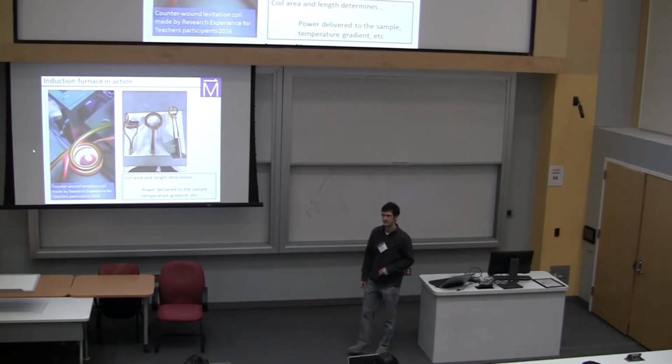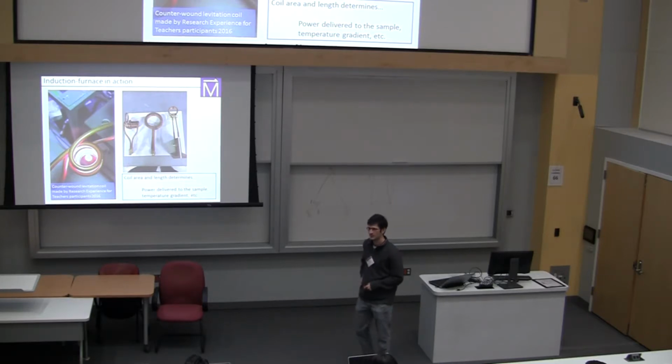Okay, so that I think illustrates the ease with which you can do this. And I want to make a few points. First of all, this coil that we used here is incredibly crude. It was wound by Research Experience for Teachers participants back in 2016.